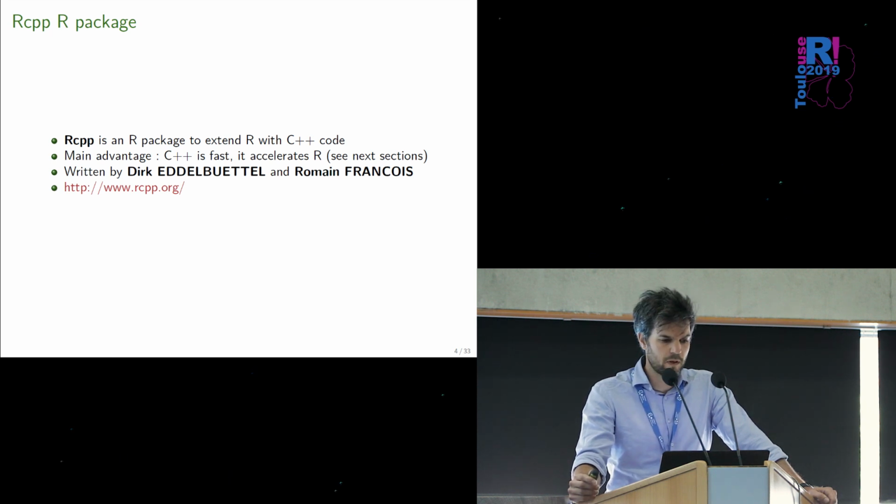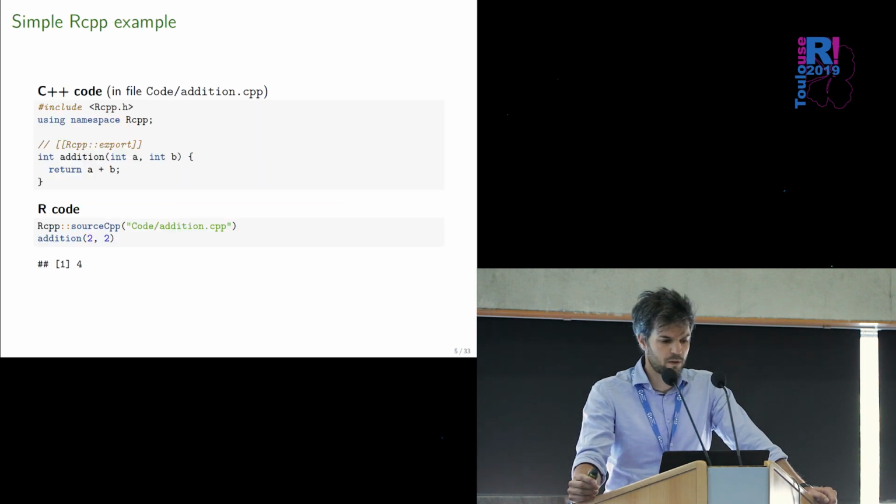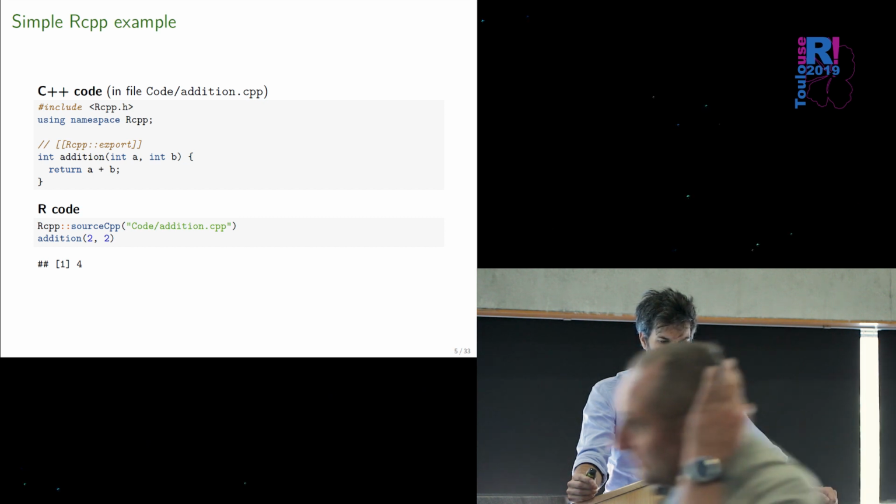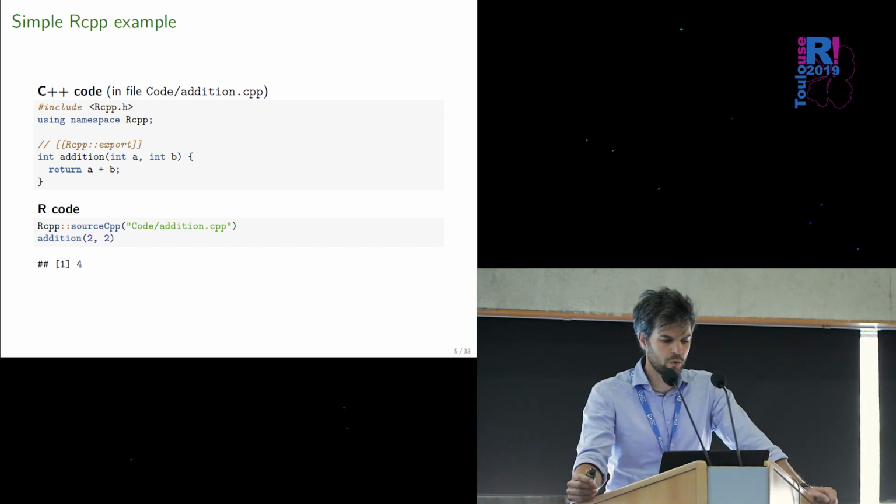So this is a simple Rcpp example. We have some C++ code, and what you just have to do is include the Rcpp headers when you want to write a function, and also include a small comment to export your function into your R session.